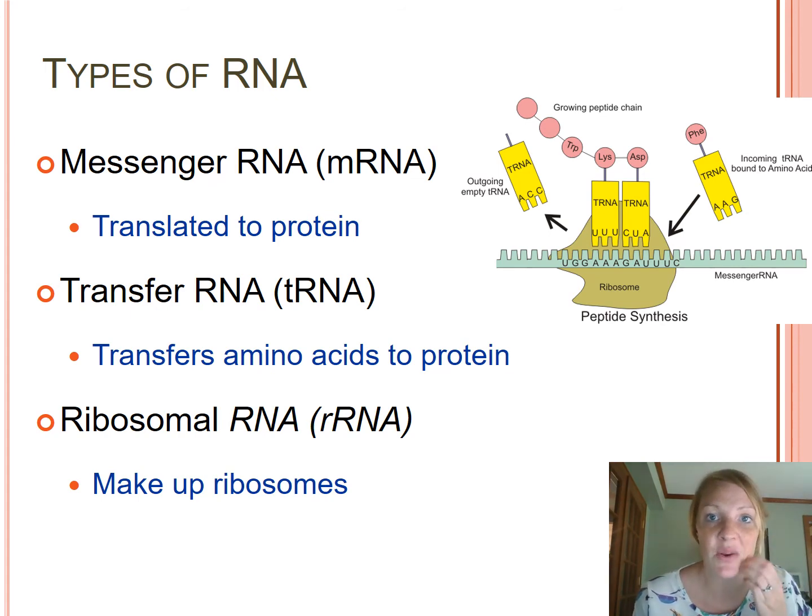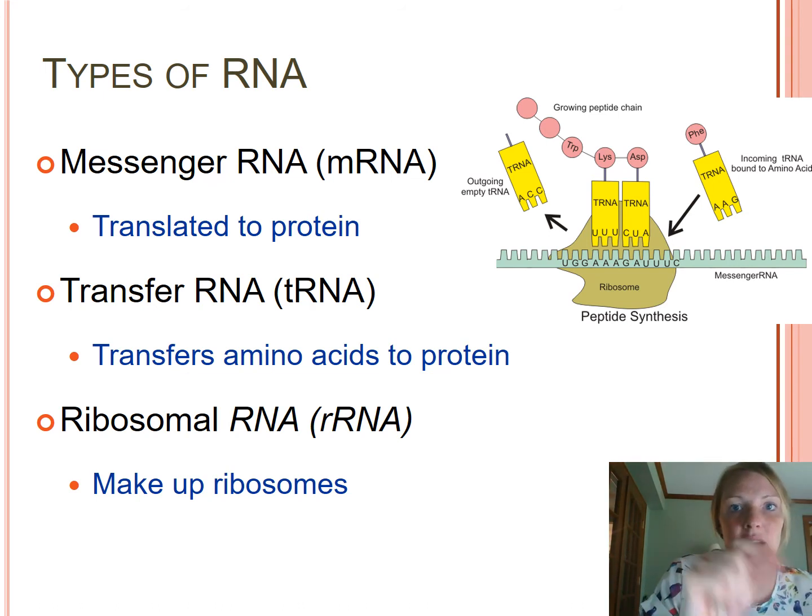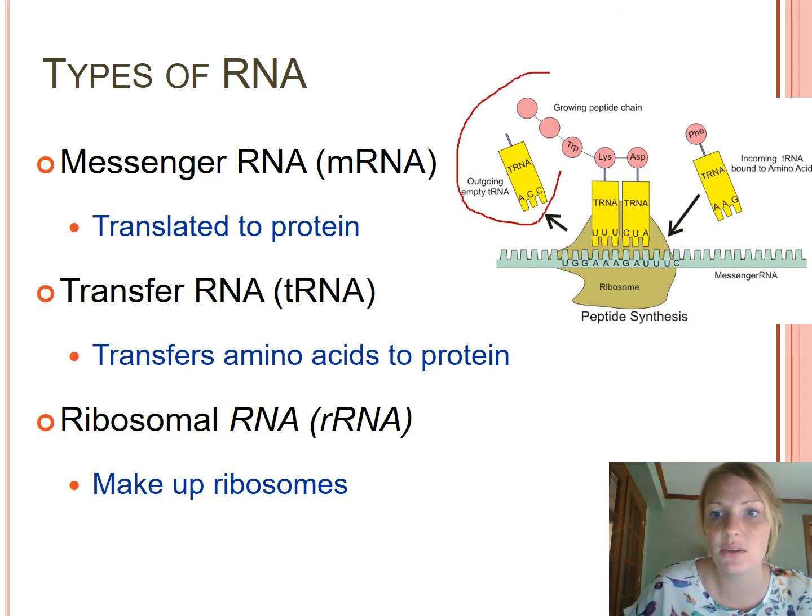There are these amino acids that are also attached to a type of RNA called transfer RNA. So each of the 20 amino acids has a little transfer RNA that it's attached to, and that transfer RNA comes in and attaches to a ribosome. And here's a picture of that. So here's the transfer RNA attached to an amino acid right here, and it will come in and bind in the ribosome and drop off its amino acid, which will have a peptide bond to the next amino acid, and then the transfer RNA will go away.